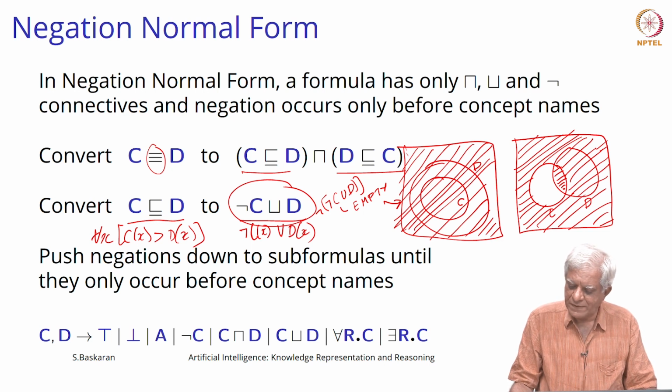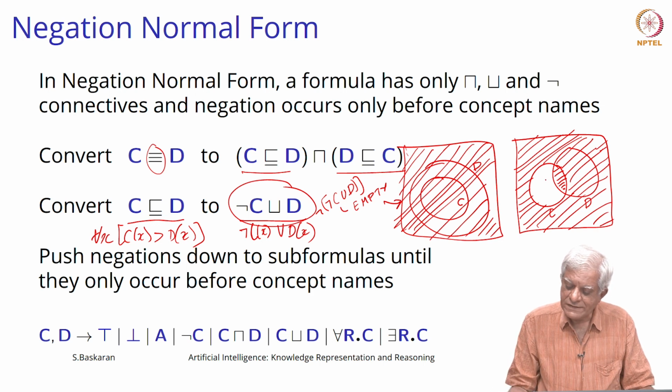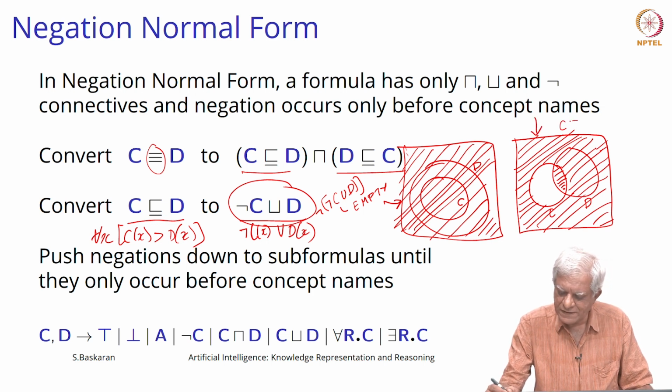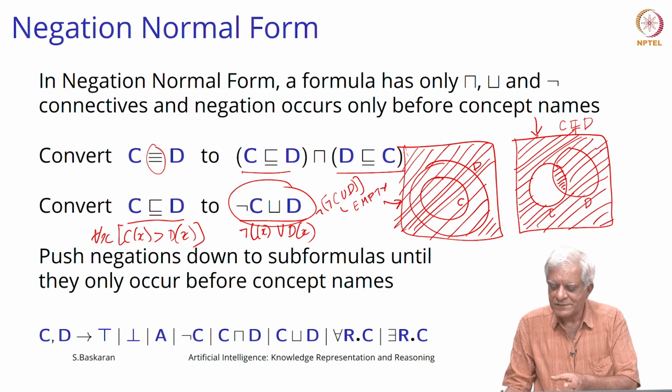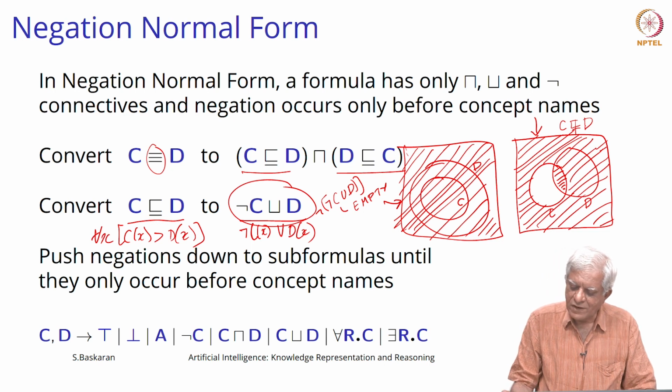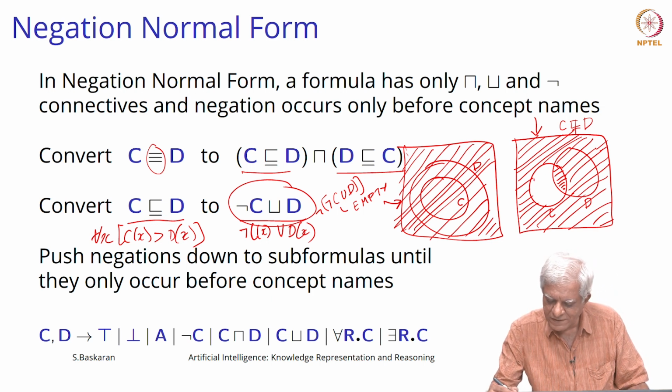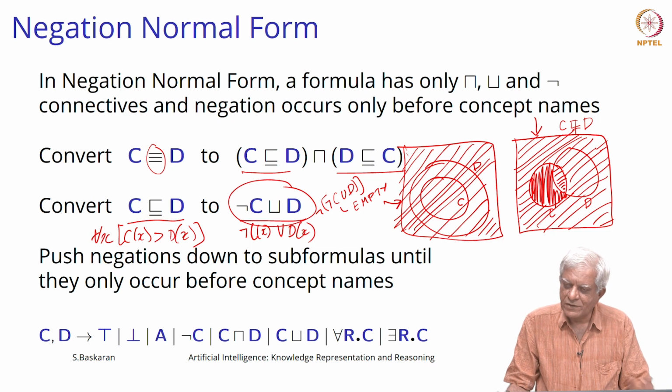But if C is not subsumed by D, then we have seen that the complement of not C union D is not empty, as we have drawn on the right hand side. So, here let me write this, that C is not subsumed by D. There is something which is remaining essentially. Now, if I take the complement of that, then I will get this moon-like shape, which let me shade with the vertical line. That would be the complement of not C union D. Now, that is a non-empty set.